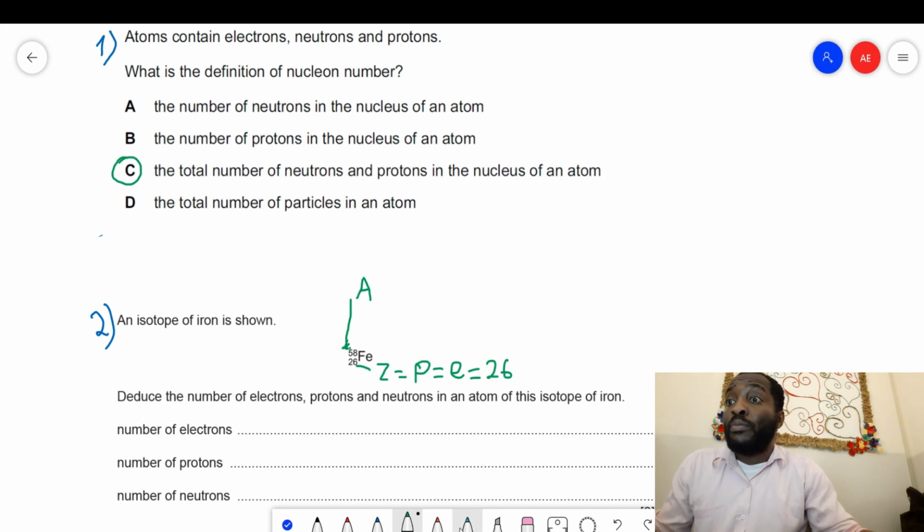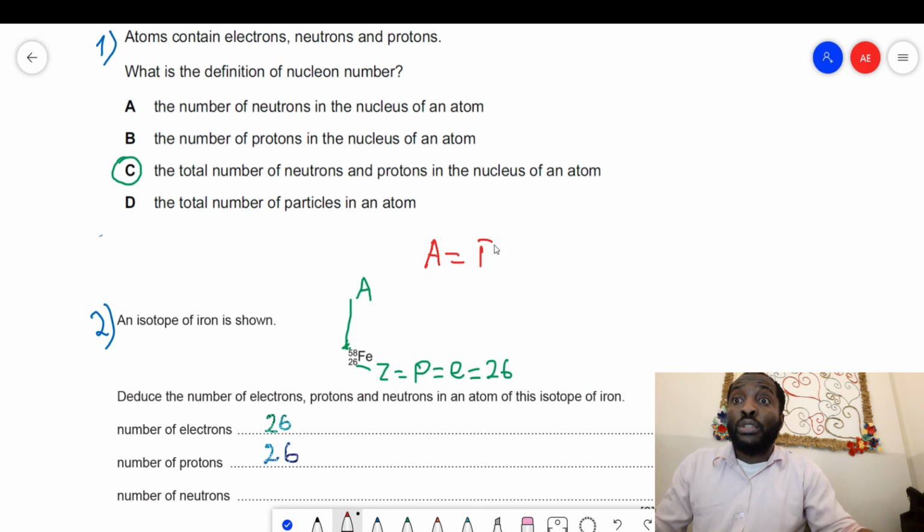Good. So if we go to our responses, if we go to our question, the number of electrons is of course 26. The number of protons is also 26, and the number of neutrons. So how do we get the number of neutrons? We know that the mass number A is always equal to what?